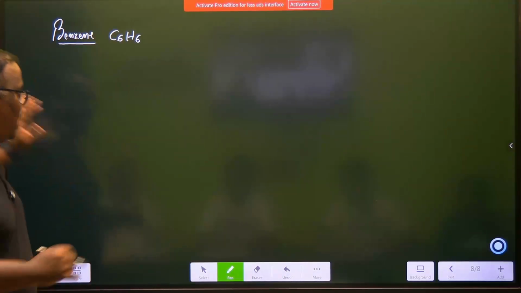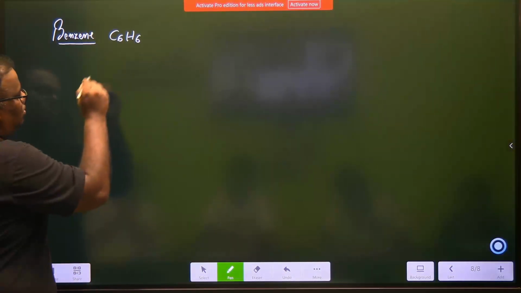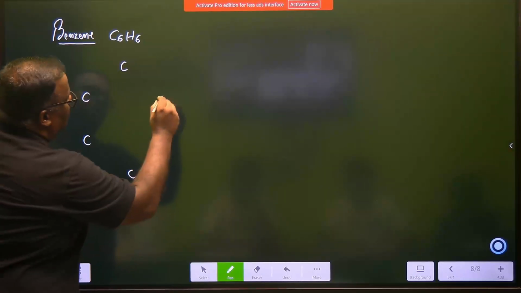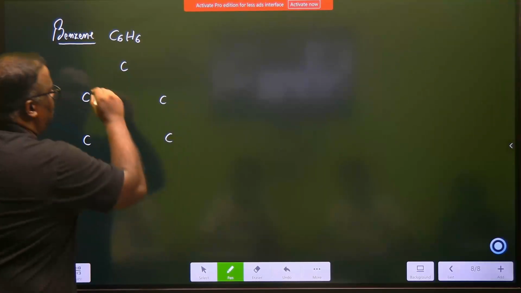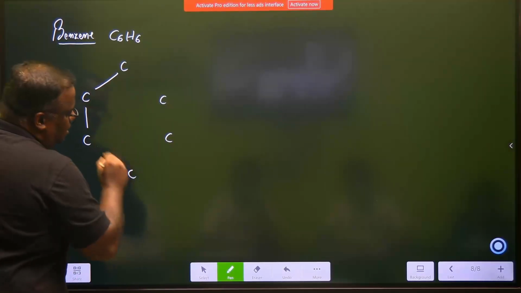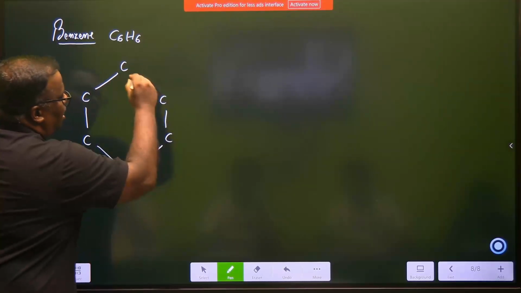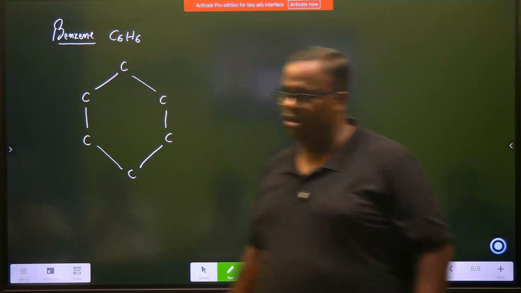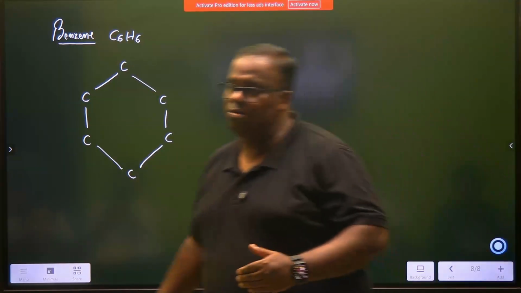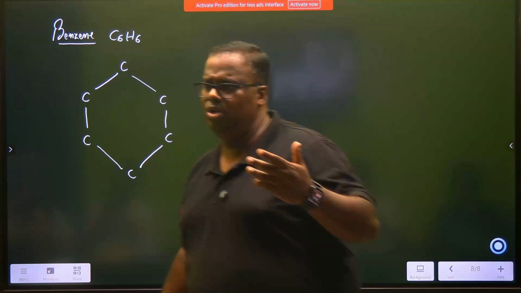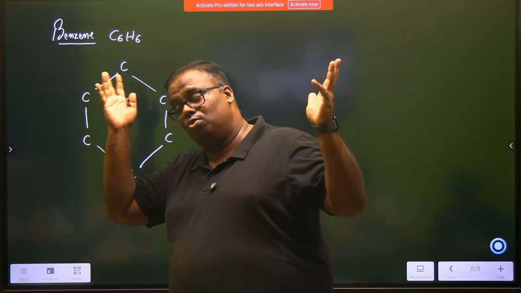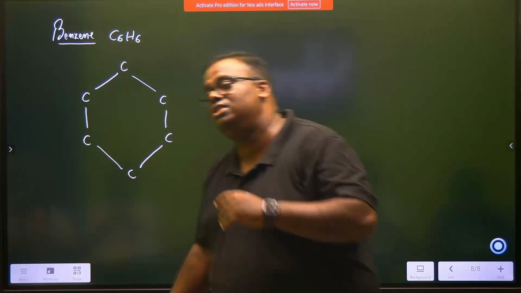Now see, the structure of benzene is one of the most interesting things. C, C, C, C, C, C. It has a hexagonal structure. How many carbon atoms? 6 carbon atoms. Benzene study was done and its reactions were known, but nobody could find the structure of benzene for a long time.